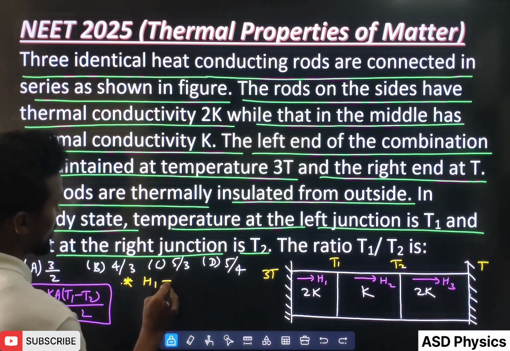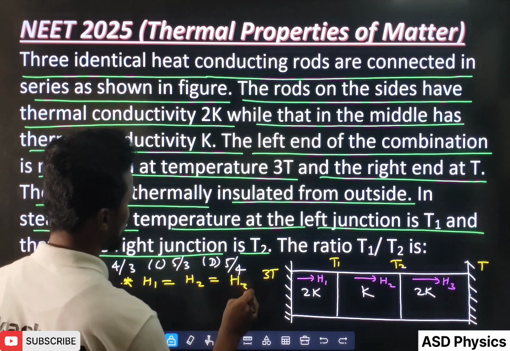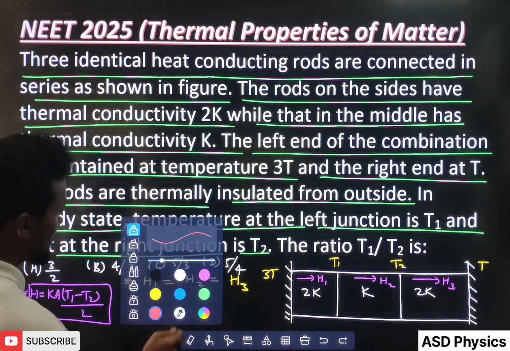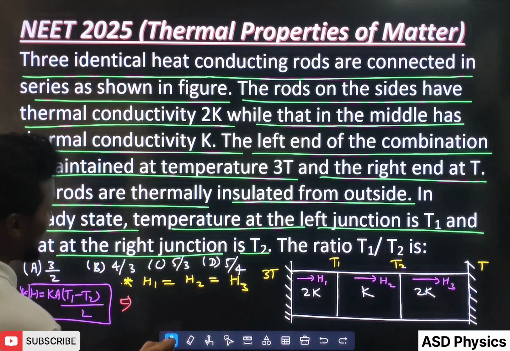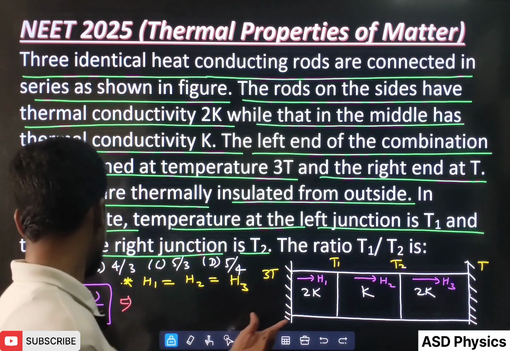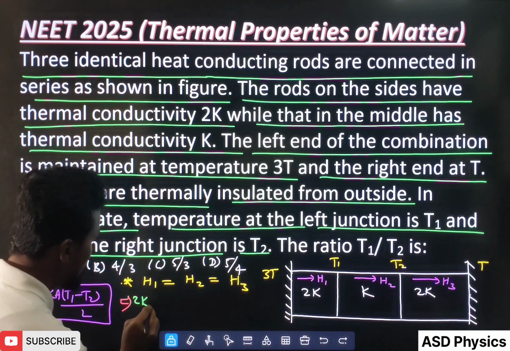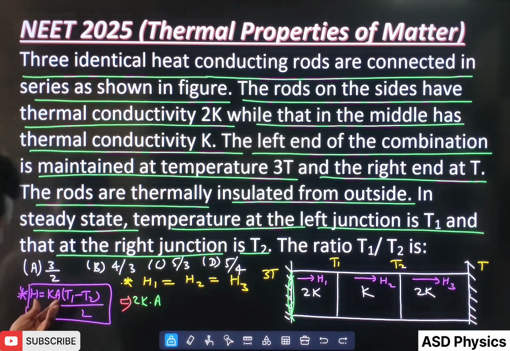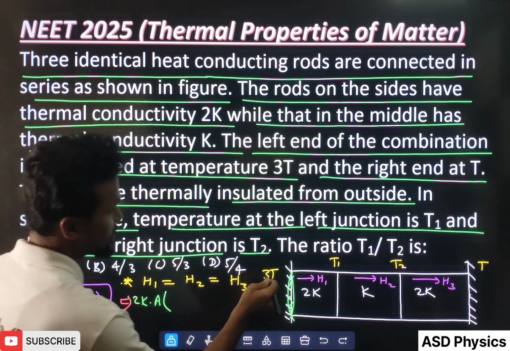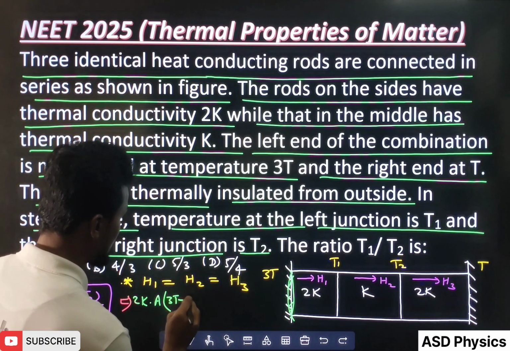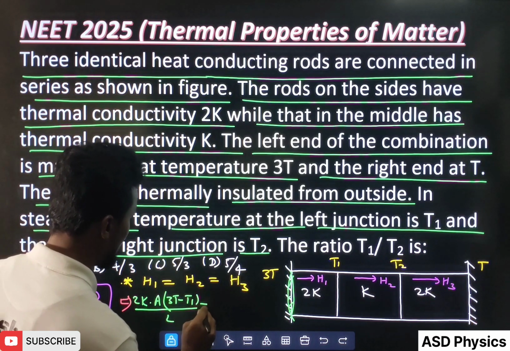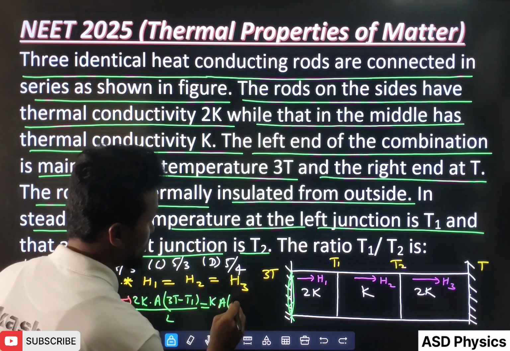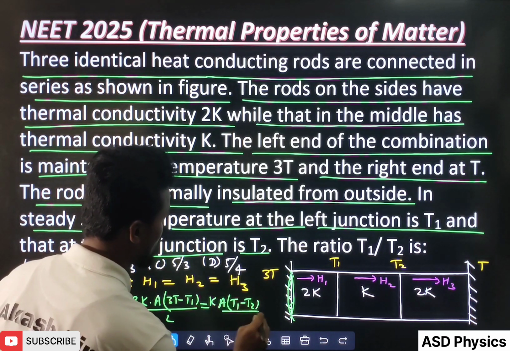First, the heat current H1 equal to H2 equal to H3, since they are connected in series. H is the heat current, okay? They are identical rods, so it will become 2K into A, the area of cross section, and the temperature difference 3T minus T1, by L, is equal to H2, which in the same way is K A (T1 minus T2) by L, okay?